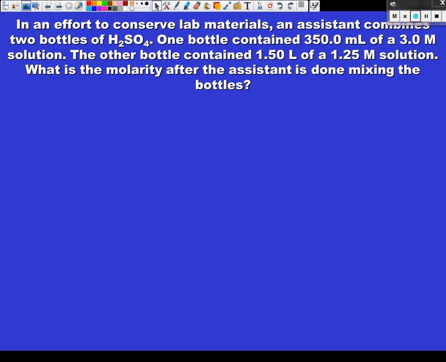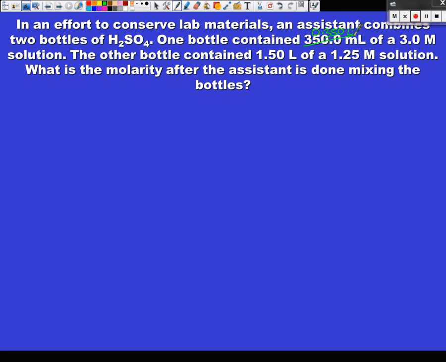Say it again. All right, well, that's one problem. Since you've already brought that to our attention, let's go ahead and adjust. We've got milliliters and liters. If we are not sure which one to use, which one is always the better one to choose? Liter. So let's change this to 0.350 liters.